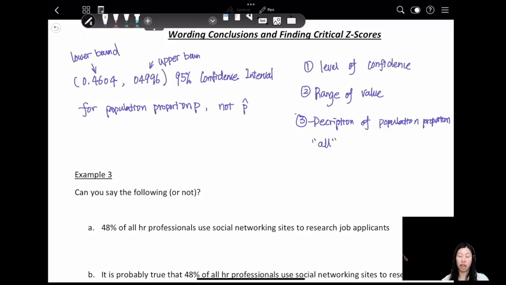So we should never mention the sample, never mention the sample proportion, p hat.